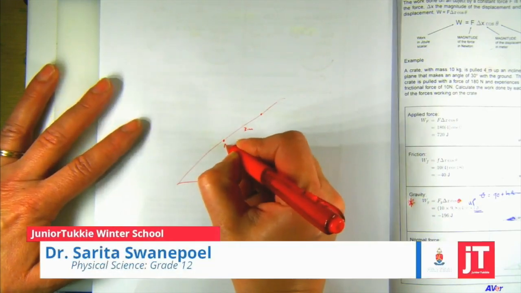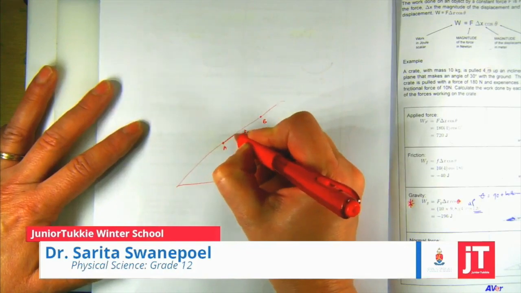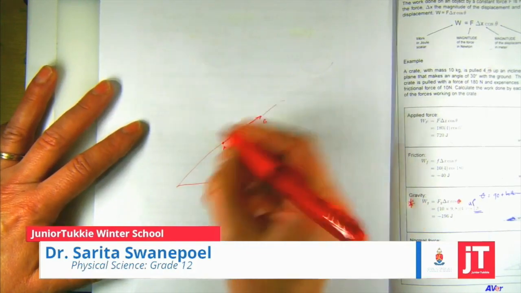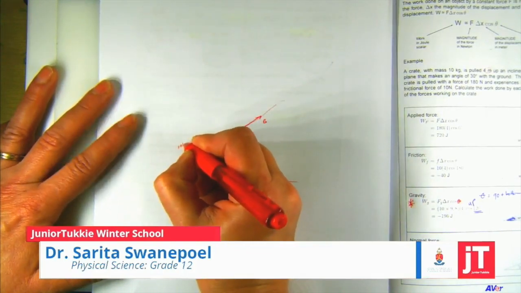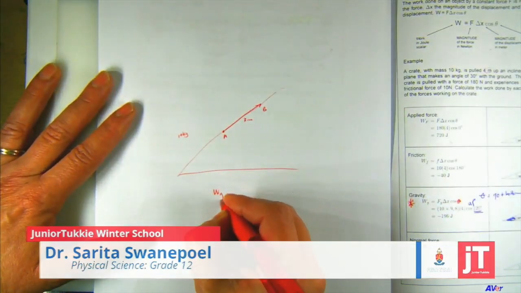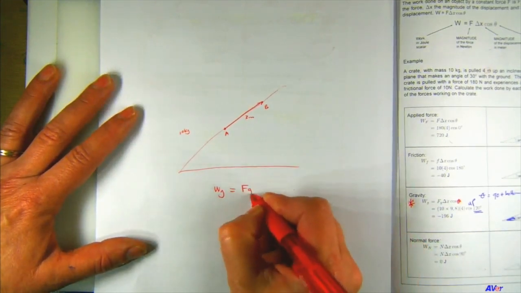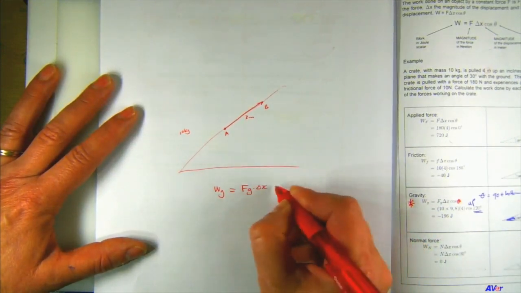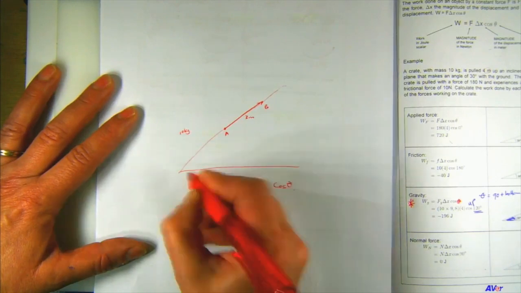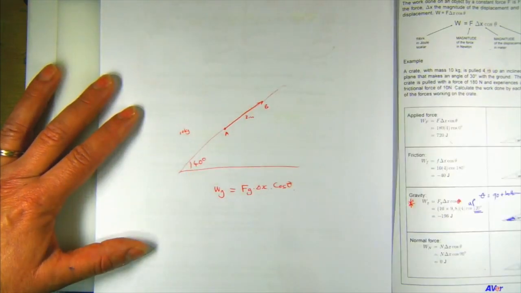That is point A, that is point B. If I tell you it's a 10-kilogram box, I can ask you, what is the work done by gravity? How are you going to work that out? It's the gravitational force times delta x times cos theta. I'll give you an angle here, say 40 degrees. You can do that. We've done that now, right?